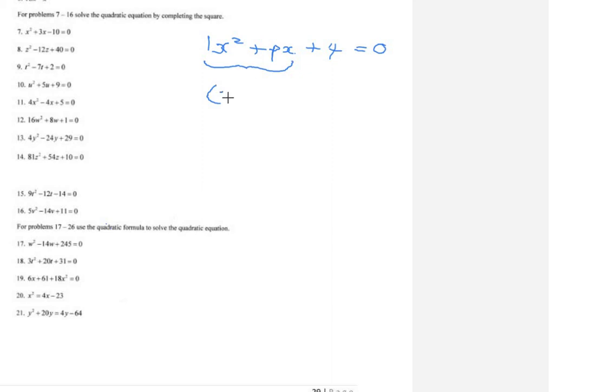The rule says you take the x as it is, the plus as it is, but now you must take half of that middle one. So that should be then p/2, and then you must square it, and then you must minus the square. So this is going to be p squared over 4, and then that plus 4 is still there because that is not part of those 2.